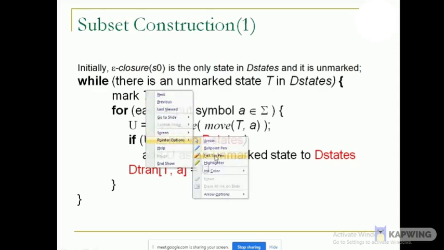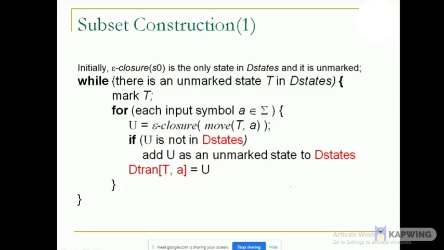Epsilon closure is nothing but, from the state T, if you have any epsilon transition, then you take that state as part of the epsilon closure of T. T is the state itself as well as the states having epsilon transition from T. We have to check if U is not already in the set of states.